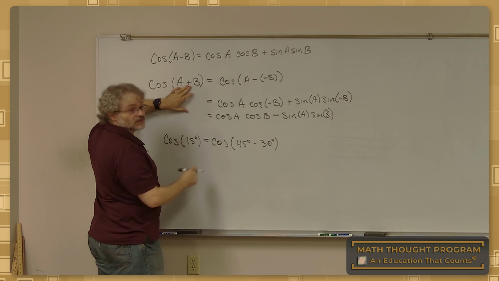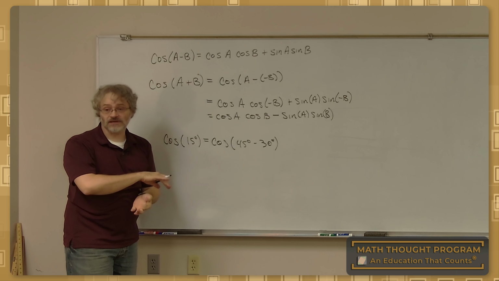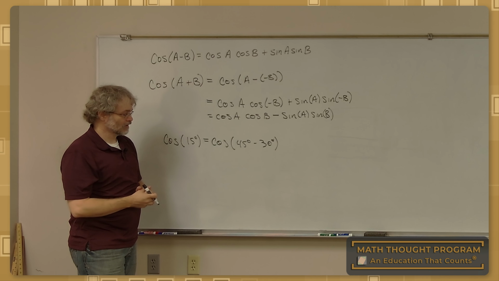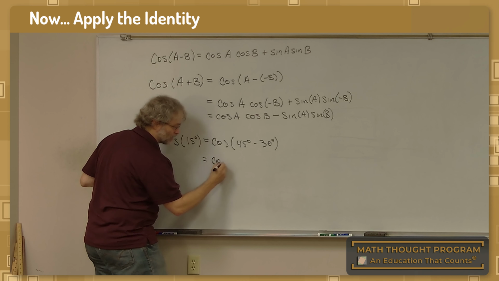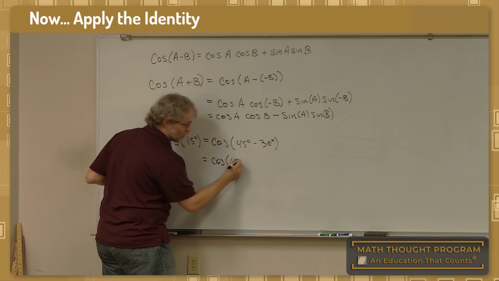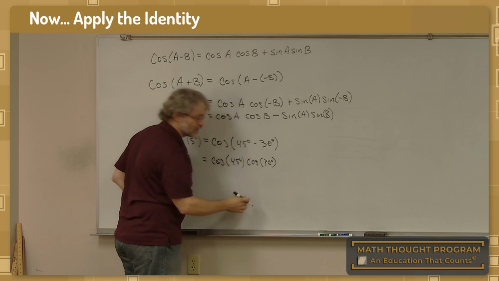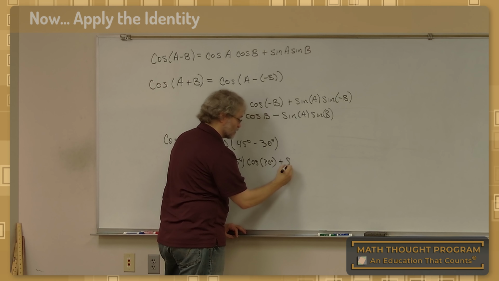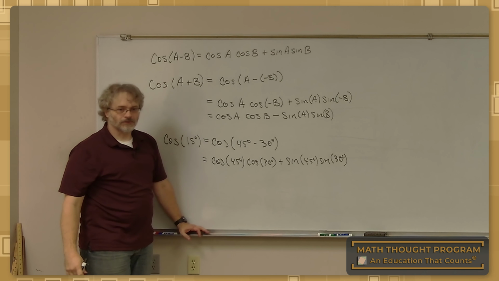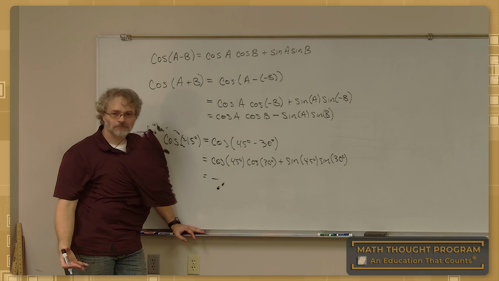When it's plus, that's minus. Flip the sign in between. So what that would say then is we're going to have cosine 45 degrees, cosine 30 degrees. It's a difference, so flip the sign, make it an addition, and there it is.